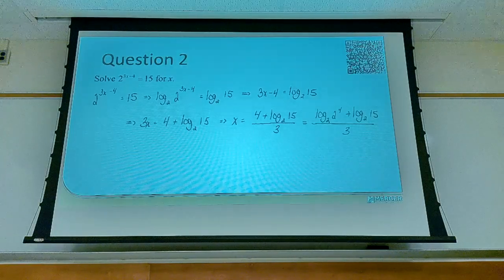Quotient. Not right now. First thing, write the 4 in terms of logs. And 4 would be log base 2 of 2 to the 4th.